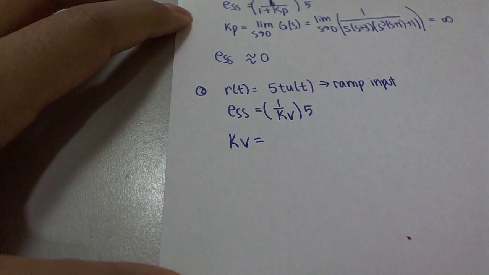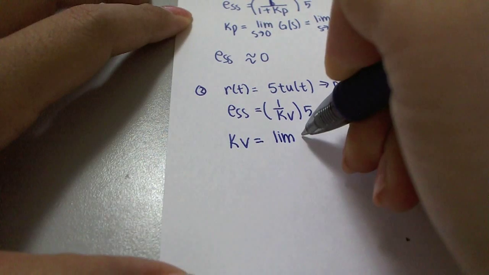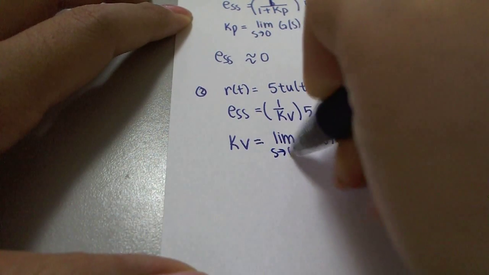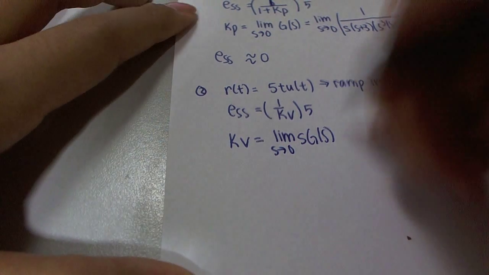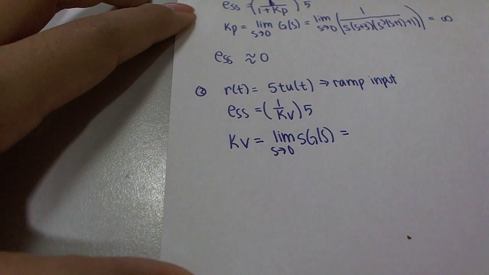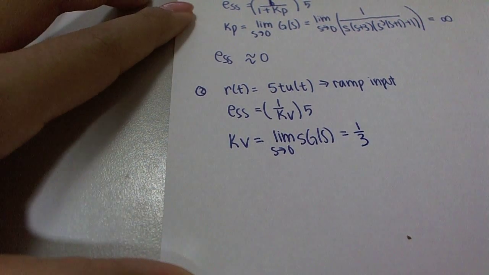And Kv again is the static velocity error constant, with formula given by limit of s multiplied by G as s tends to 0. So just plug in G into this equation again, and solving the limit, we will have Kv equals 1 over 3.